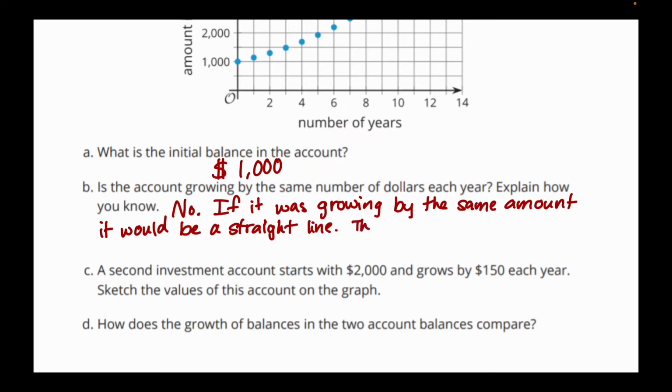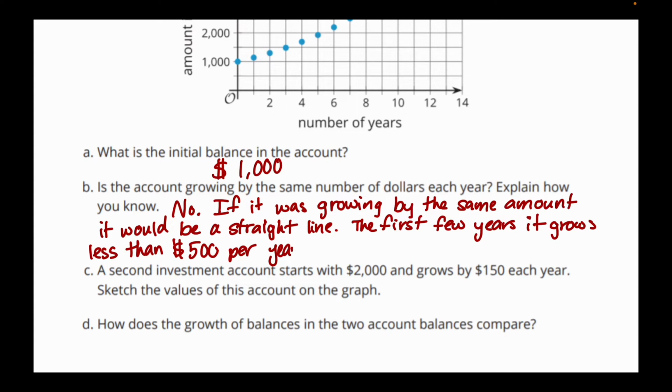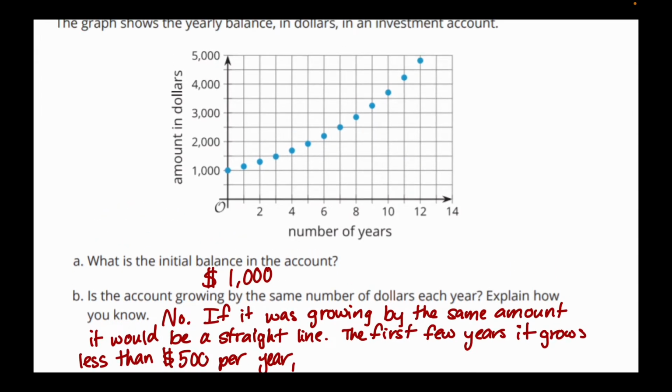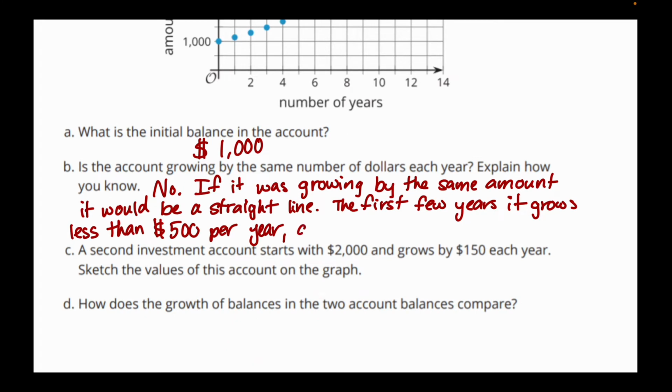We can say the first few years it grows less than $500 per year, and in the later years by more than $500. Okay.